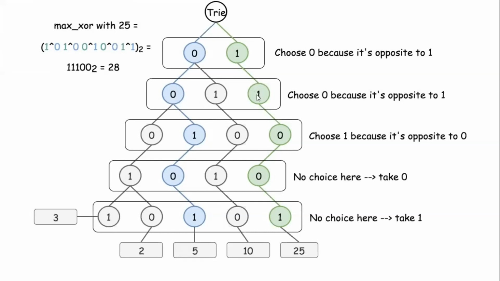But left and right, we are actually XORing those digits. If I take left side 0, right side 1, or left side 1, right side 0, locally it is giving me the maximum value. But he is also looking at where he's coming from on the top side, because we keep track of the number we know. For every number we find out the max. Basically it works that way.